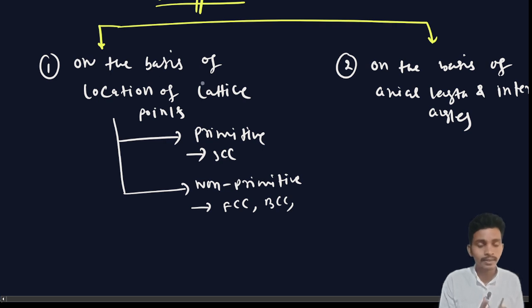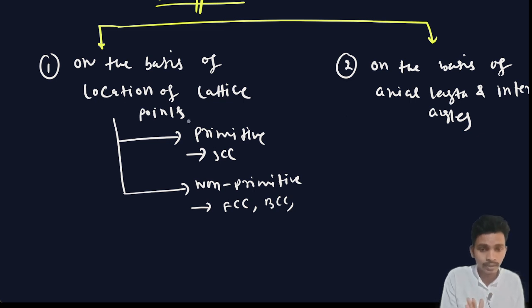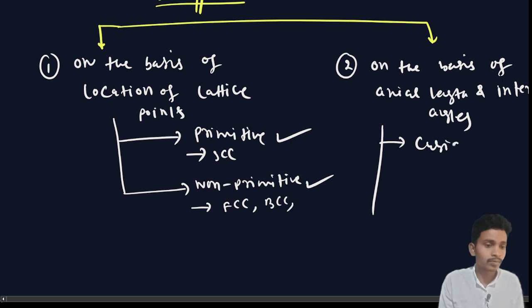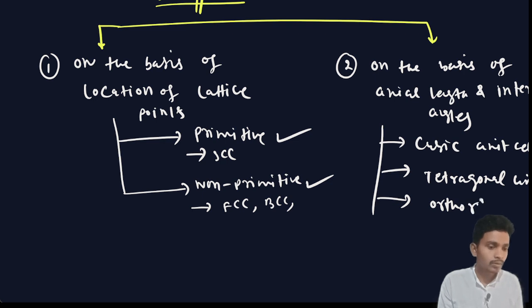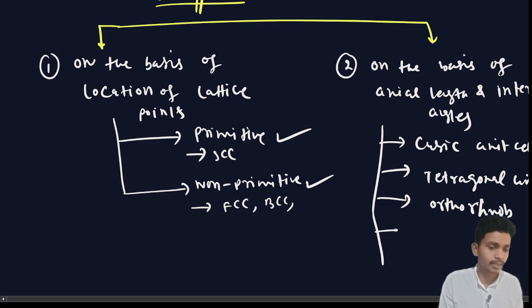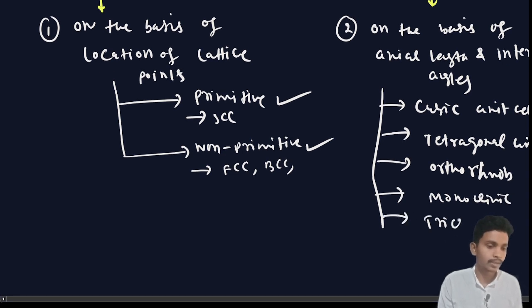On the first basis we have primitive and non-primitive unit cells, and on this basis we have unit cells like cubic, tetragonal, orthorhombic, monoclinic, triclinic, hexagonal, and rhombohedral.